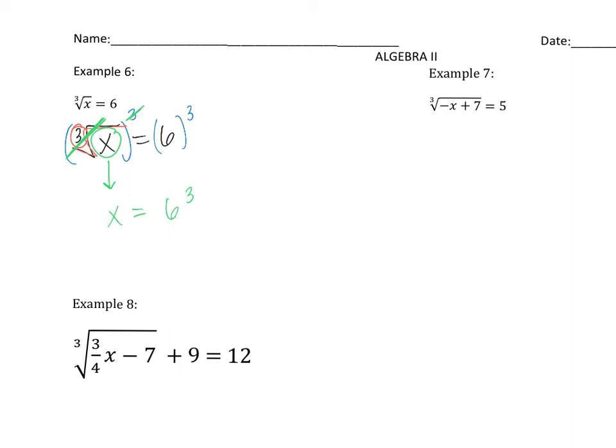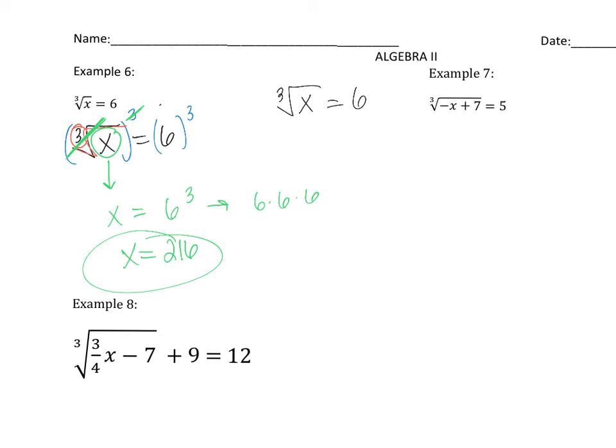Now, I need to cube my 6. So this means 6 times 6 times 6, okay? And I know that 6 times 6 times 6 is 216, okay? Now that I have my x, I need to go ahead and check, okay?